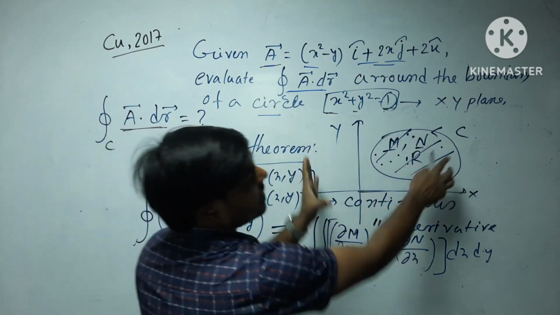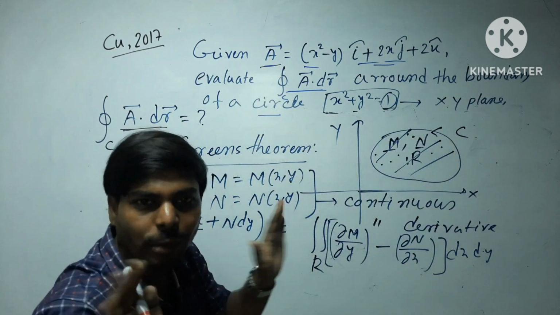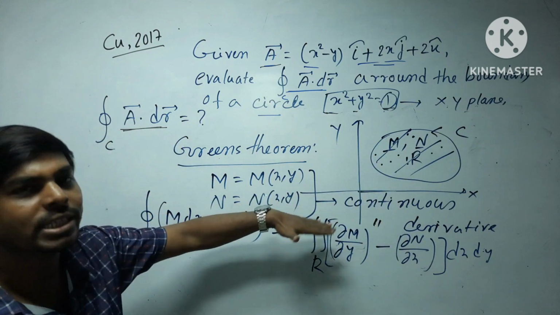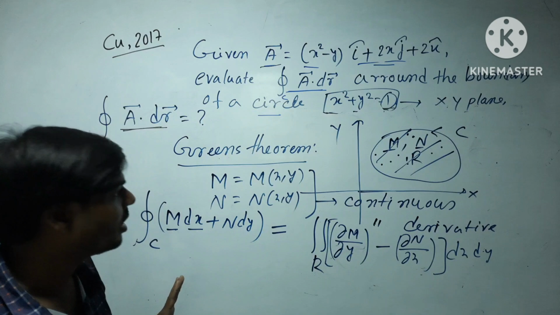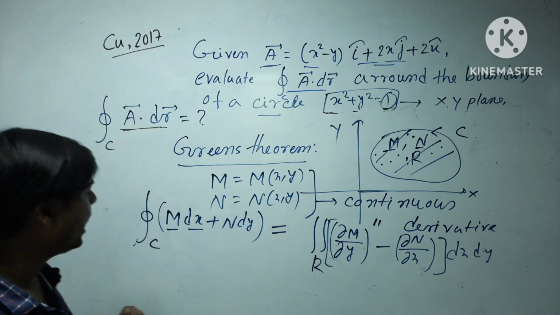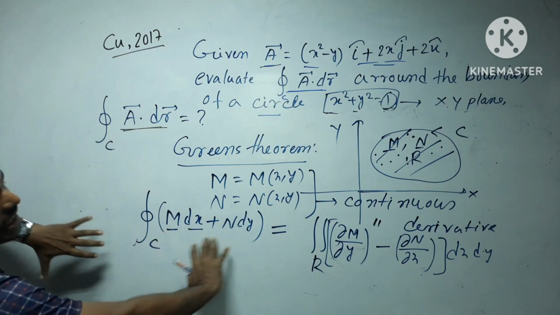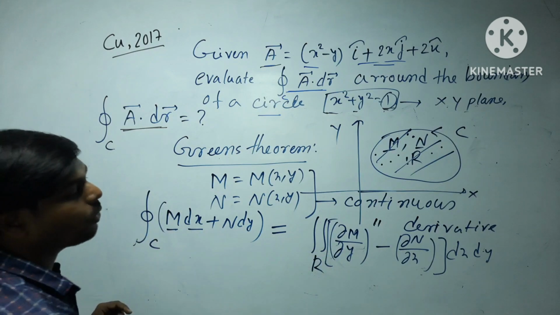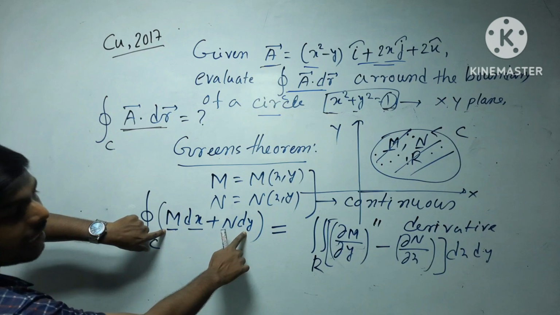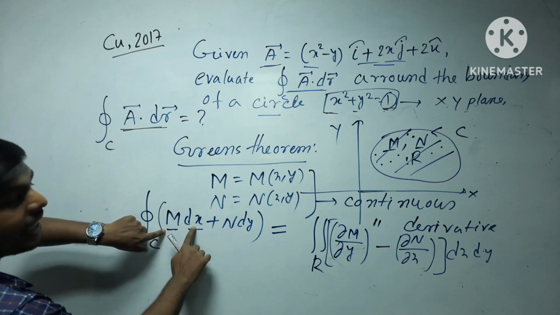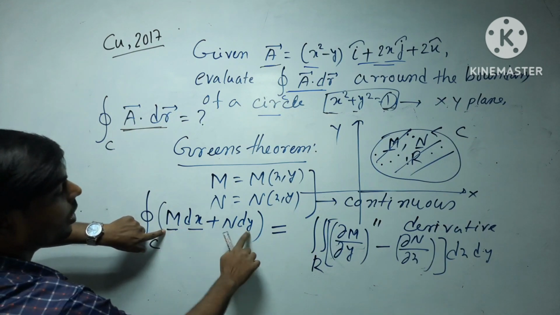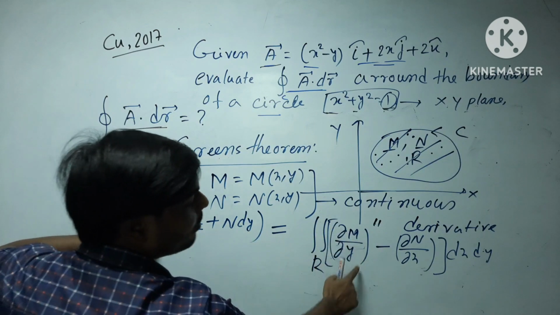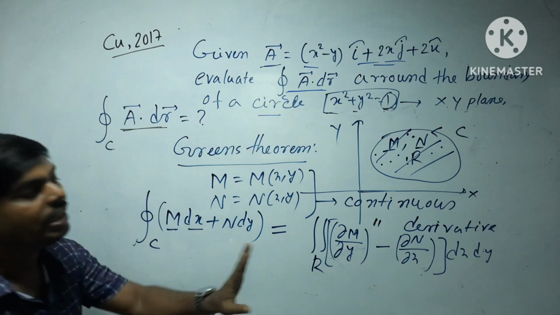If any region is bounded by a closed curve in the xy plane, and in this region there are two functions m and n which are both continuous and their derivatives also continuous, then if we have the integration in this form m dx plus n dy, then we can take it equivalent to del m del y, m has dx but here m will be differentiated with respect to y, so partial differentiation, del m del y minus del n del x dx dy.